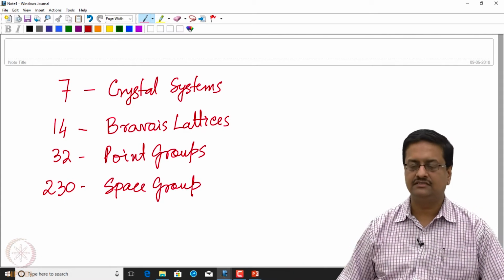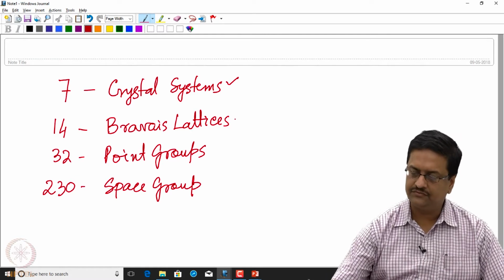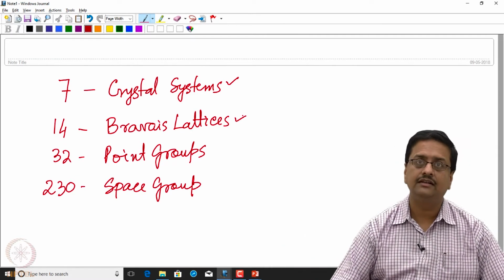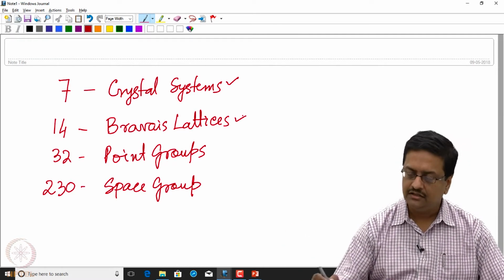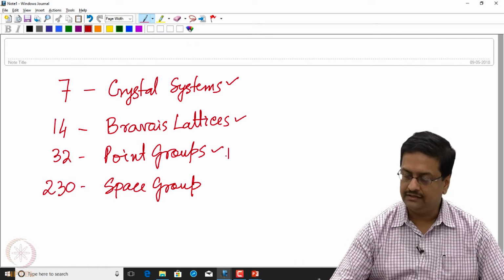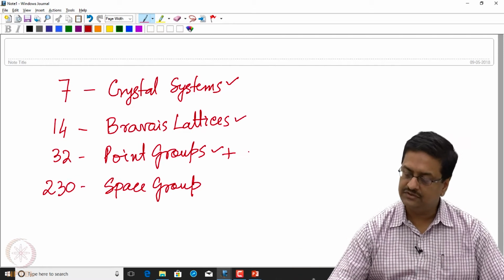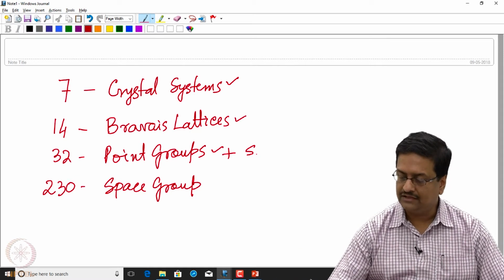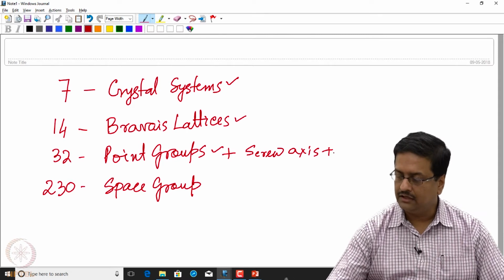which utilizes these 7 crystal systems, 14 Bravais lattices, and the symmetry elements that are present in 32 different point groups, and in addition we have 2 types of symmetry elements, screw axis and glide planes.